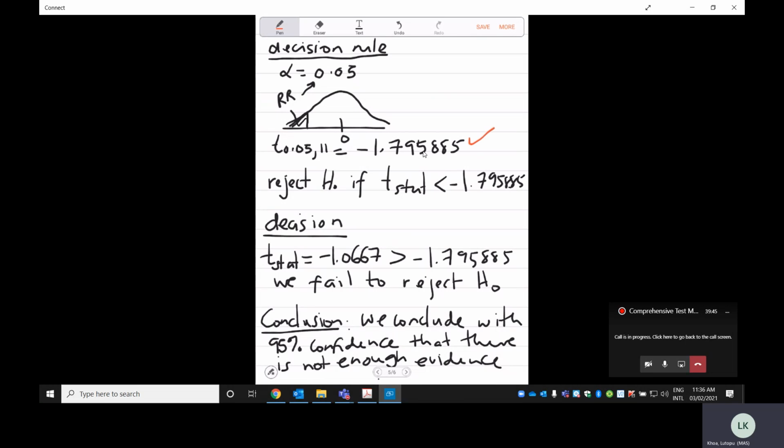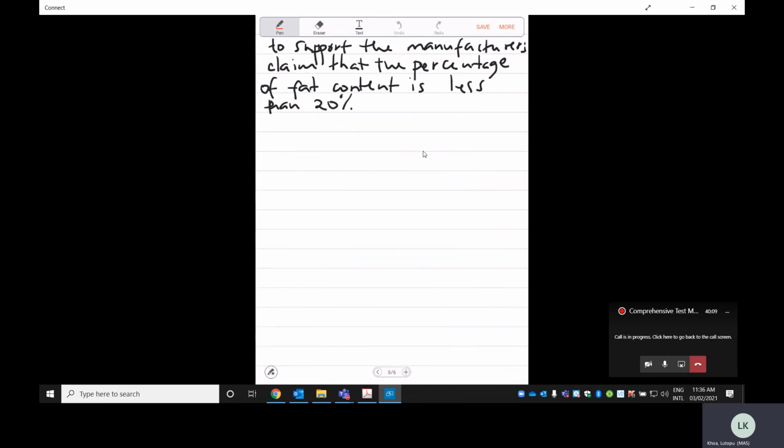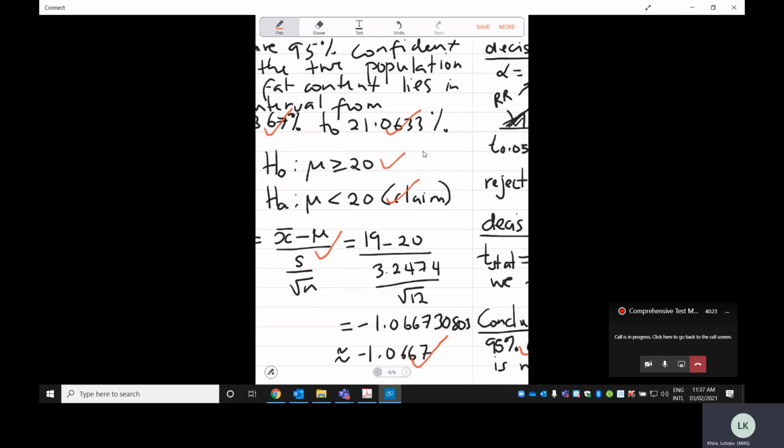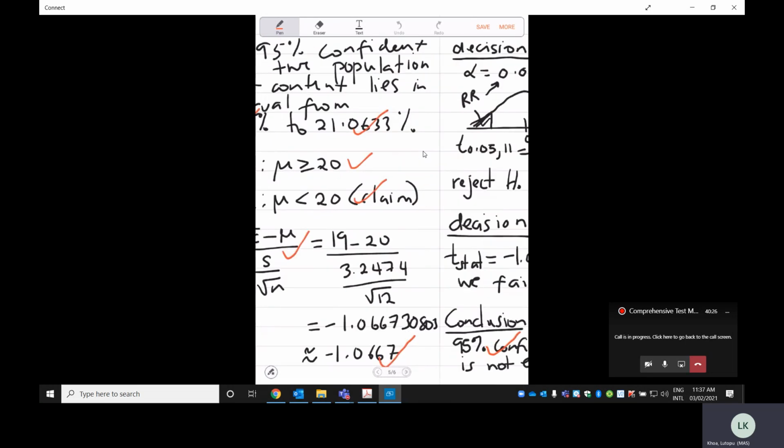And then we get a mark for our decision. That means we failed to reject. So I'll look for that. That's another mark. And then your conclusion, I want to see that you're 95% confident or 5% level of significance. And I want to see that you do not support the manufacturer's claim, or the sentence that you write must be in line with you failing to reject the null hypothesis. So if you count the marks, it is 1, 2, 3, 4, 5, 6, 7, 8. Yes, so those are your 8 marks.